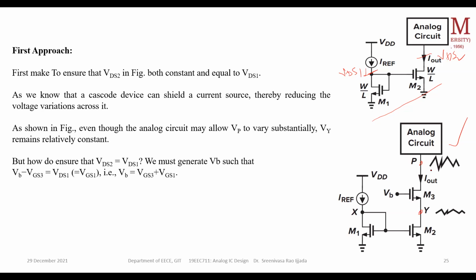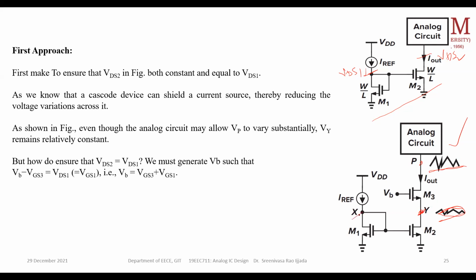The variations at node P, because of the analog circuit, may look like this, whereas at node Y you may get this. So try to make it constant.